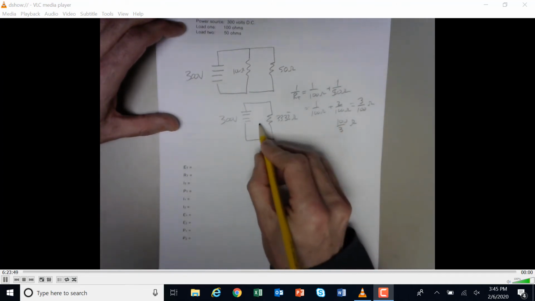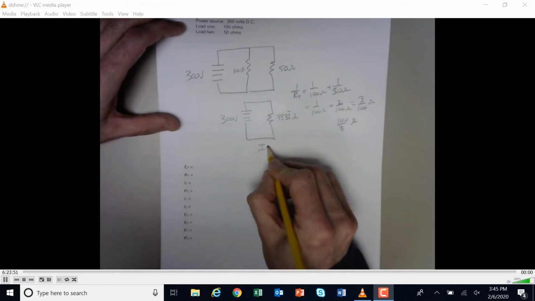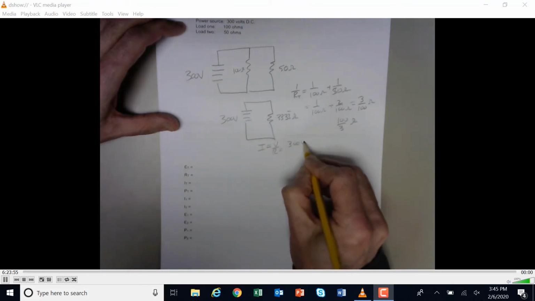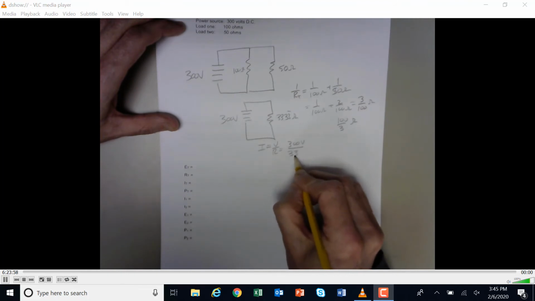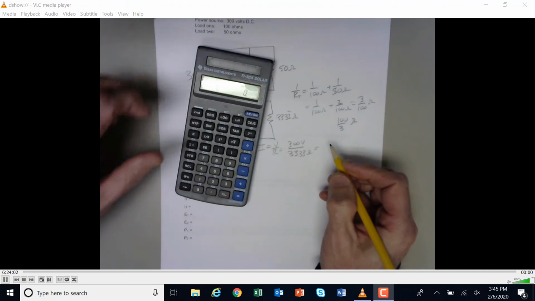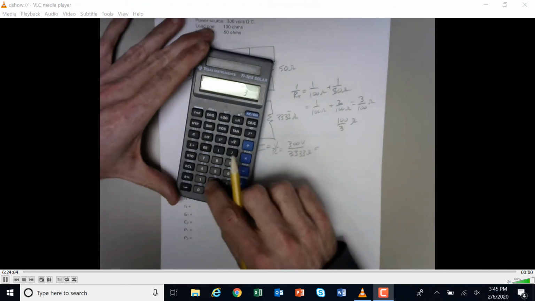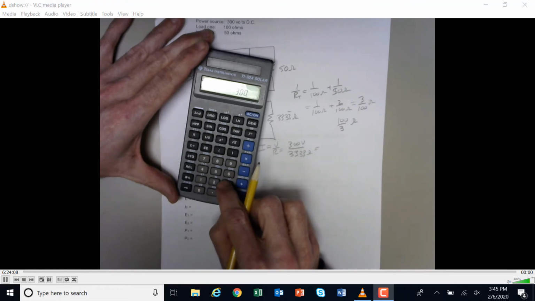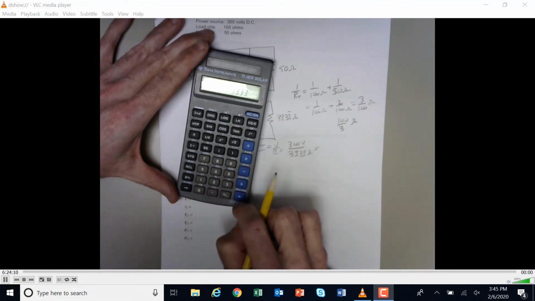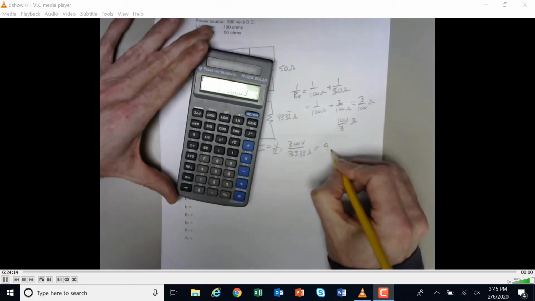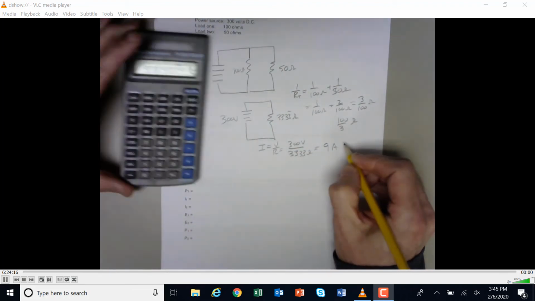Okay? I can now go I equals V over R again. 300 volts over 33.33 ohms equals, I'll pull my calculator out here, 300 divided by 33.33, 9 amps. I'm just going to round that off to 9 amps.